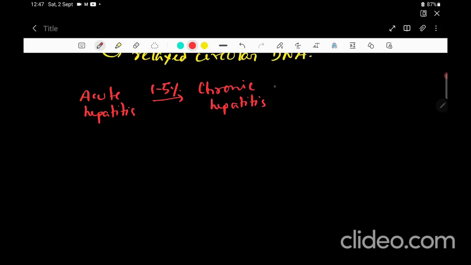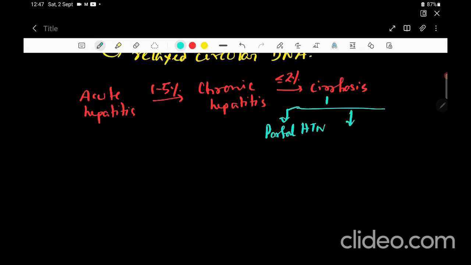And from chronic hepatitis, a small percentage, around 2% or more, will proceed to liver cirrhosis. In liver cirrhosis, the manifestations you can see are portal hypertension, liver failure, and hepatocellular carcinoma, HCC.